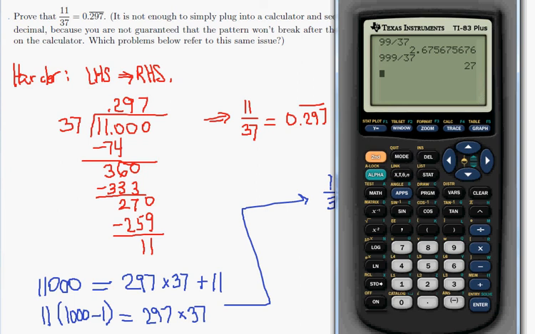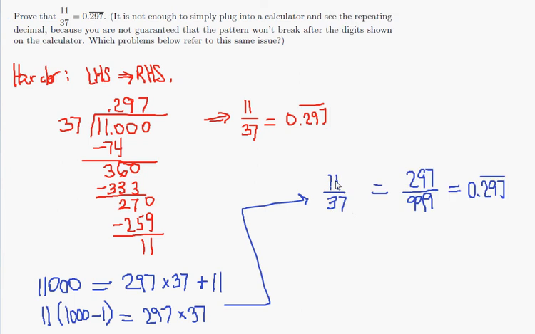And so that would allow me to write 11 over 37 is equal to 11 times 27 over 37 times 27, which then converts to 297 over 999, which is therefore equal to 0.297 bar.